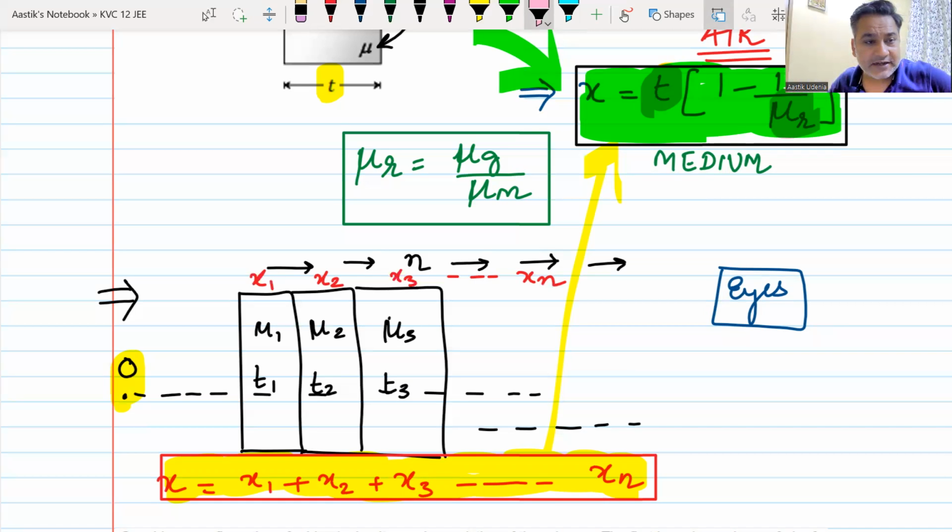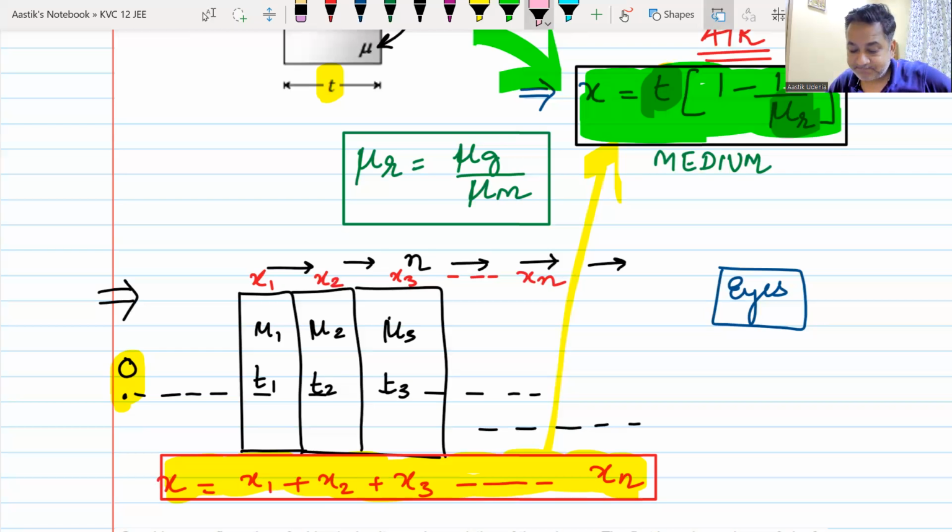Anyone has any idea what you mean by optical path? The floor is open. You can share your thoughts.